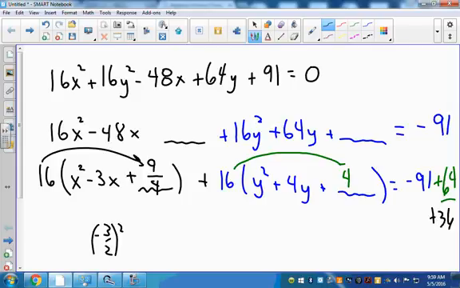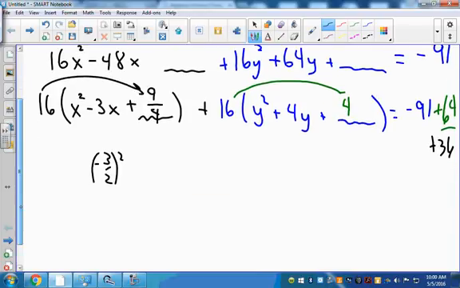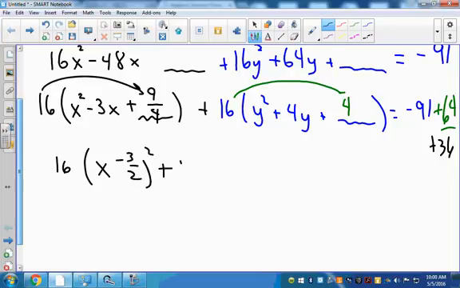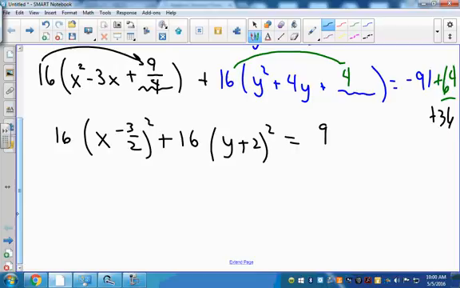Okay, so once you've done that, now you've got 16 times x minus 3 halves squared plus 16 times y plus 2 squared is equal to whatever that is. What's that? 9. Okay? Now, the graphing form for circles doesn't have this 16 here, right? The graphing form was x minus h squared plus y minus k squared equals r squared.